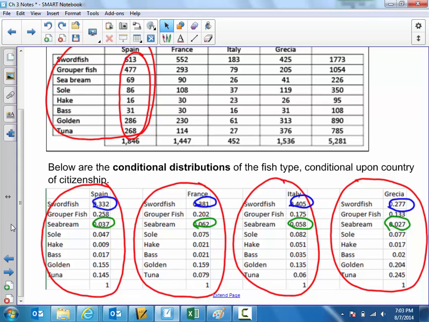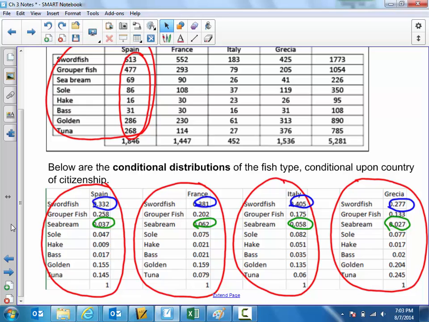So where we live seems to affect, or at least seems to be related to, what type of fish that we eat. Now we don't know why that is. It could be possible that people prefer these fish types because of some sort of cultural norm. It could be maybe because of availability.